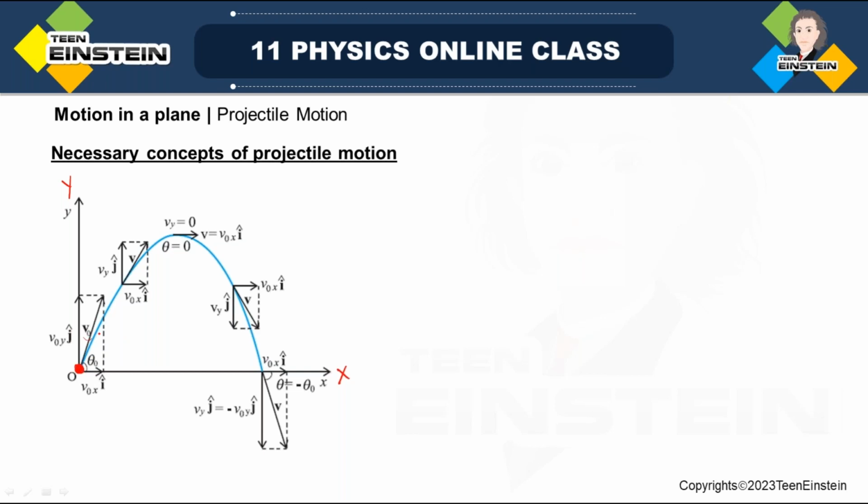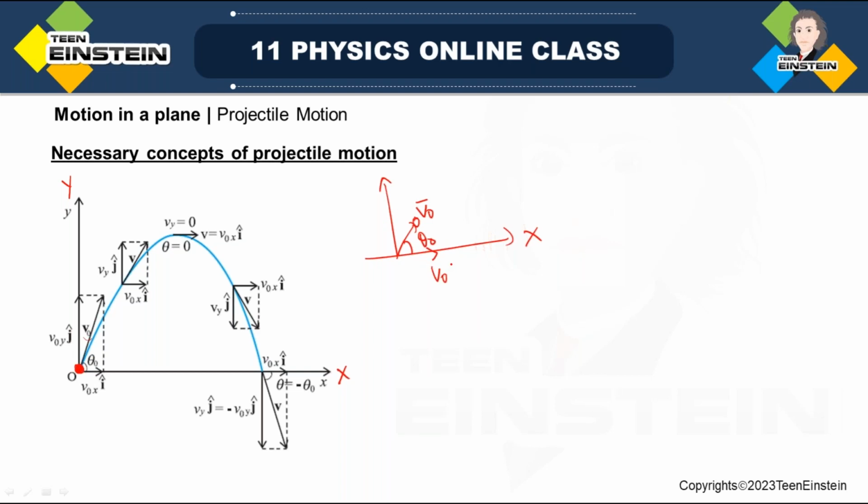I'm just writing this figure here, as it looks a bit hazy. If this is a particle with velocity v0 making an angle theta 0 with the horizontal, it would have two components of velocity.